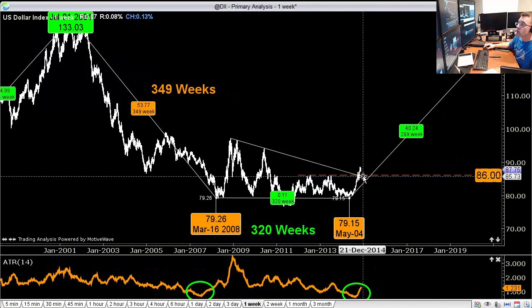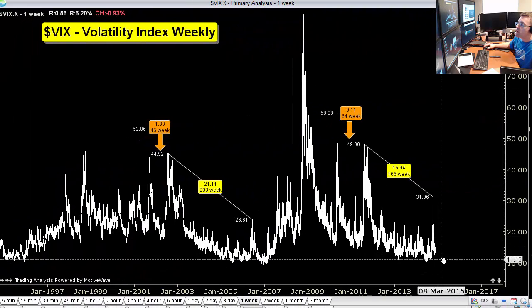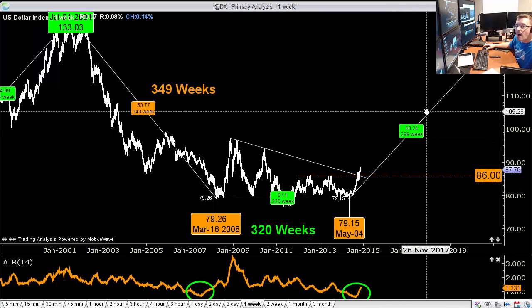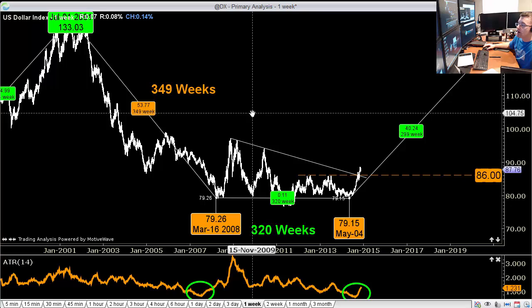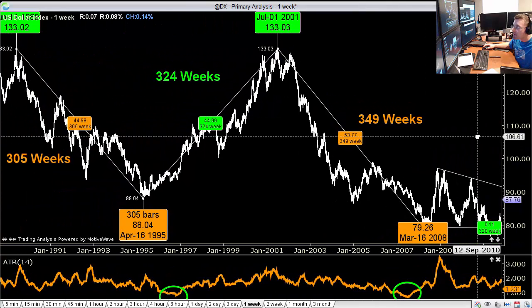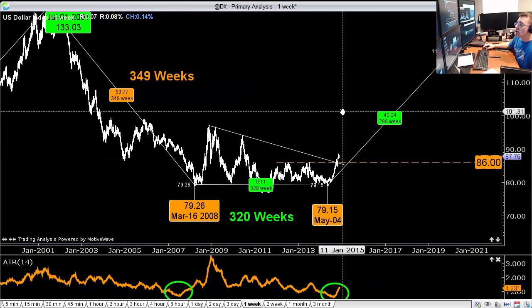So if this is a breakout for real, the volatility index might have another couple quarters of retesting the lows before we spike up. And if this dollar is going to rally, it's probably going to be a safe haven rally, not this direct relationship we're seeing between stocks and the dollar, which I think is ridiculous. There's a long-standing inverse relationship between stocks and the dollar. So that should reassert itself. So, that's what we're on the lookout for longer term.